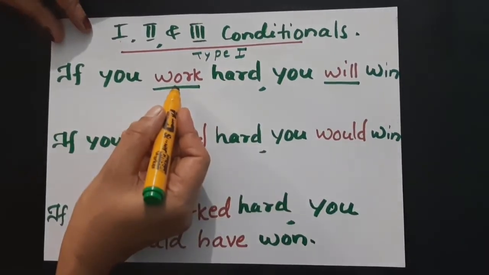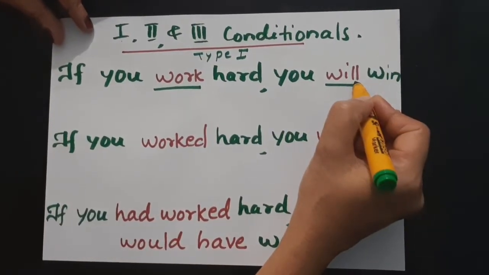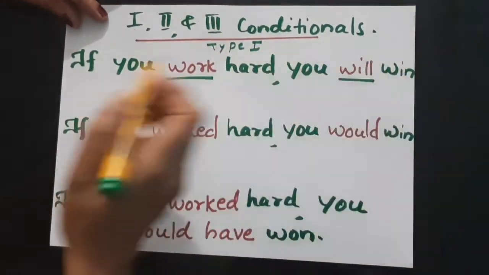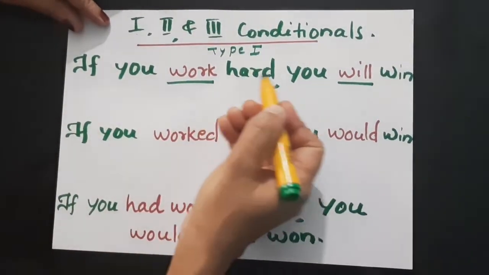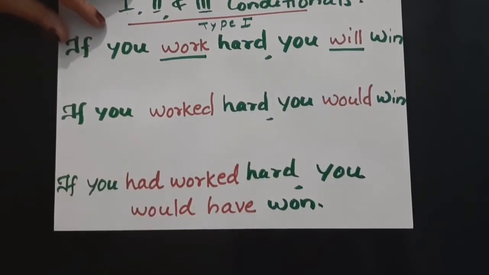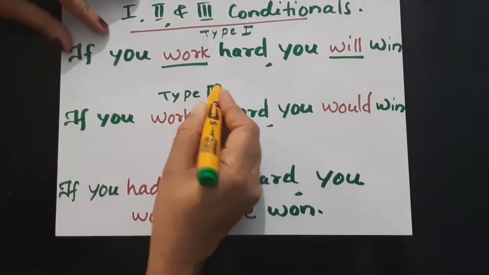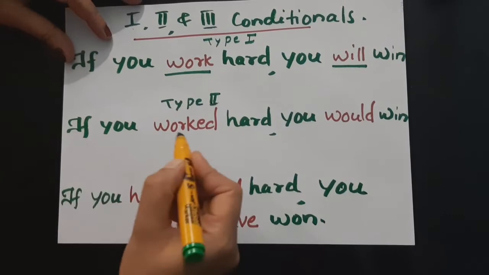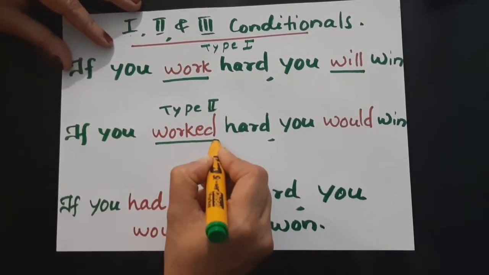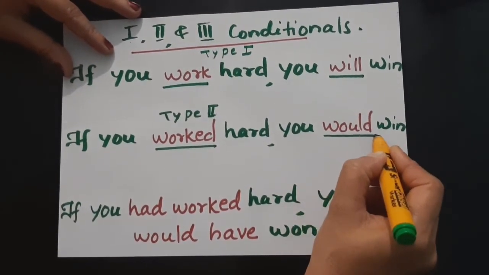Verb in the present form, and in the result you get will. The same example here once again for type 2. If you worked hard, verb in the past form, and here in the result you get would.